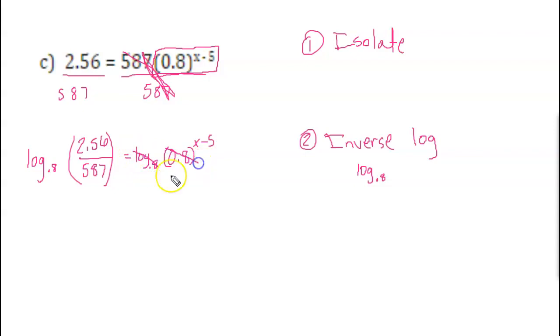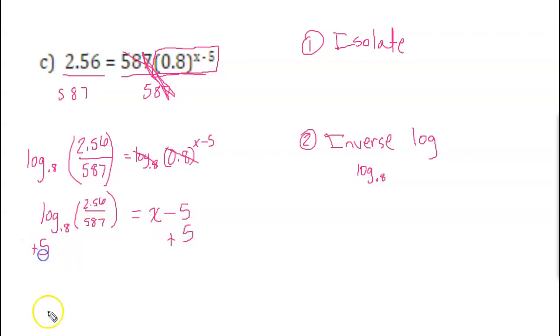So the log and the exponential will undo one another, and we're left with x minus 5. And then we have log of base 0.8 of 2.56 over 587. Notice I've still kept this because I do still have to add 5 to it. So I'm not quite ready to round yet because step 3 is to finish solving.